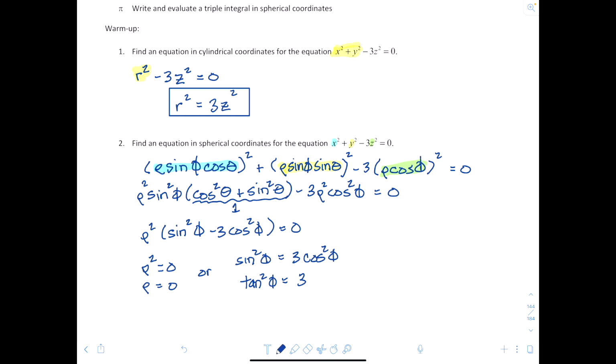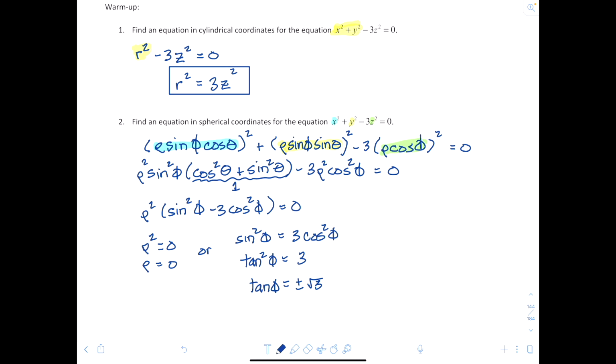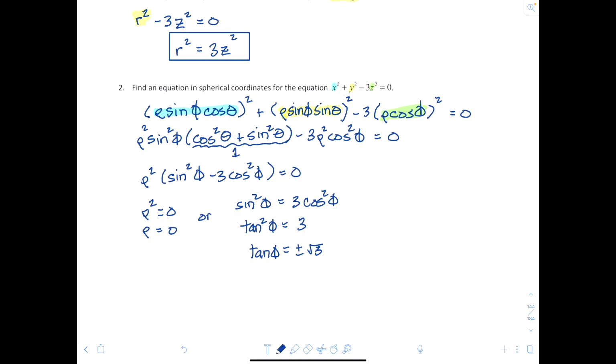And then square rooting, we would have tangent phi is plus or minus root 3. And where is that going to happen? If you recall, what are the bounds on phi? Beautiful. 0 is less than or equal to phi is less than or equal to pi.